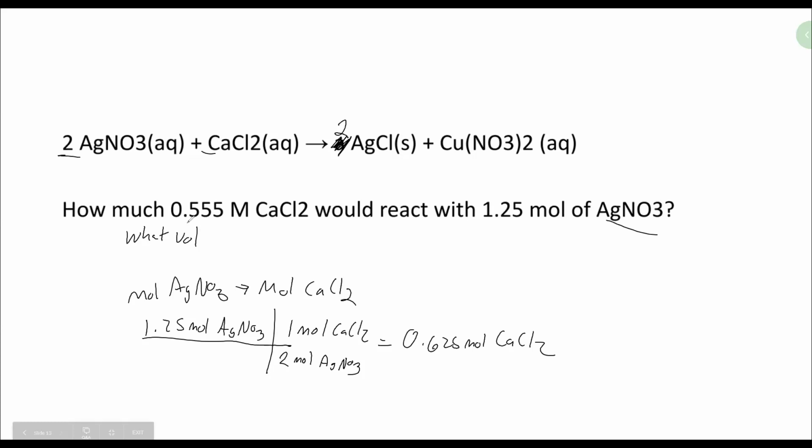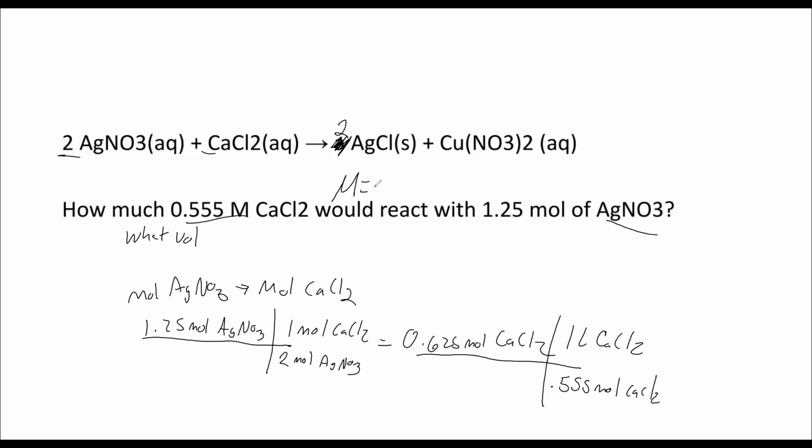Now I have a molarity of calcium chloride, so I have to figure out what volume has 0.625 moles. So for every 0.555 moles of calcium chloride, I have 1 liter of calcium chloride. Remember, big M equals, in this case, 0.555 moles for every 1 liter.